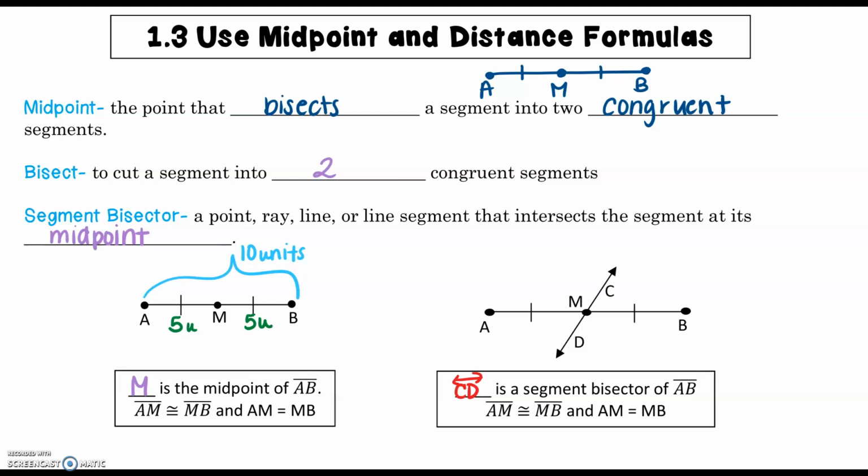So if I told you that the entire segment AB measured 27 units, you could tell me right away, divide that by 2. Segment AM is 13.5 units, and segment MB is also 13.5 units. So it cuts that segment right in half, splits it into two congruent or equal parts.